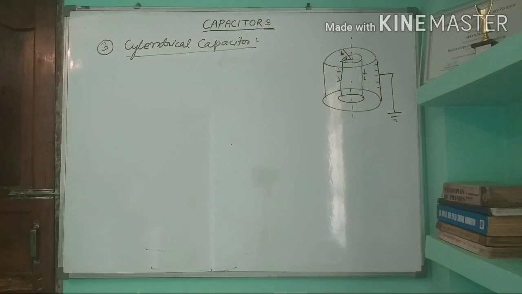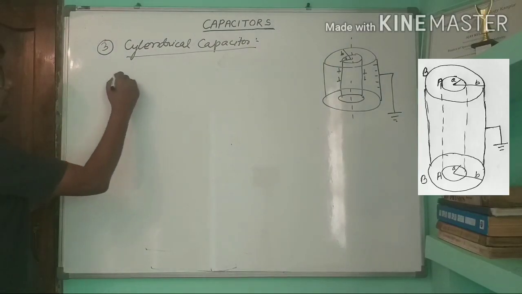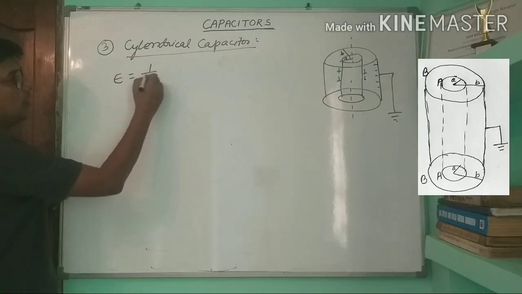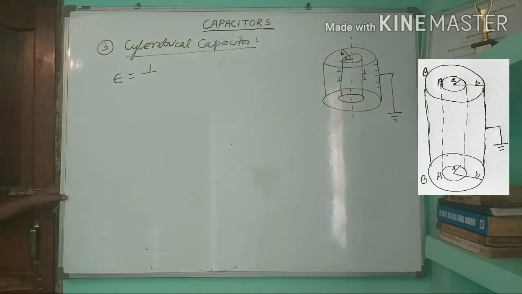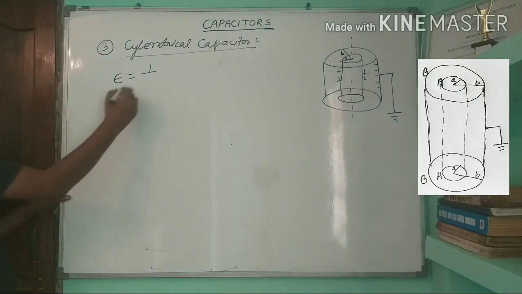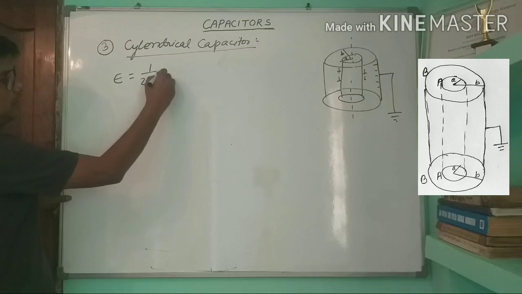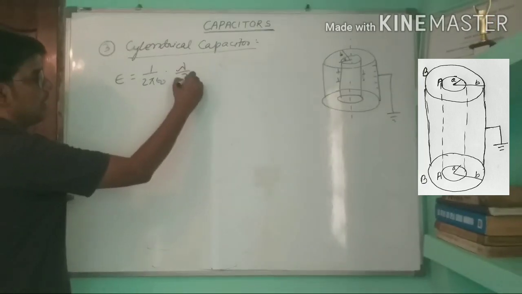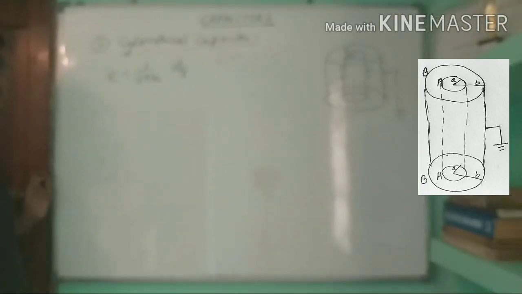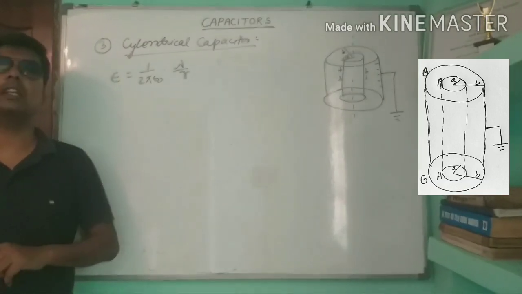So in that situation, the electric field intensity E is equal to how much? 1 by 2 pi epsilon 0 into lambda by r, where lambda is the charge density per unit length.